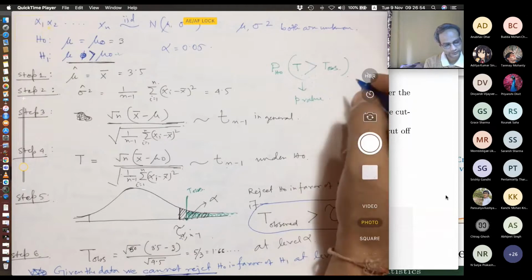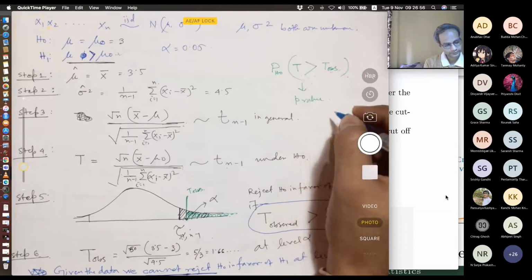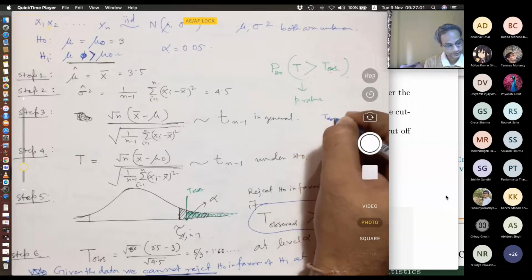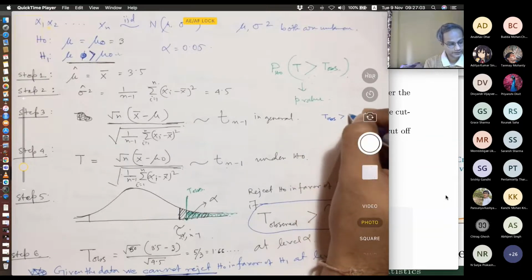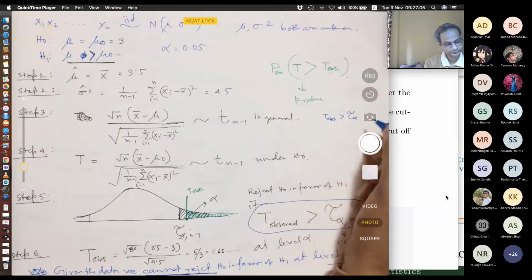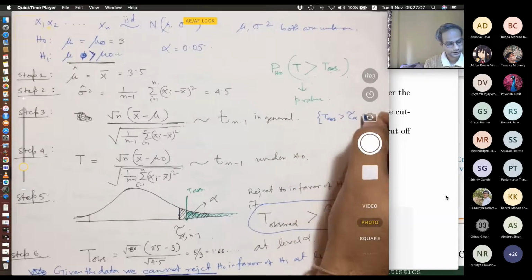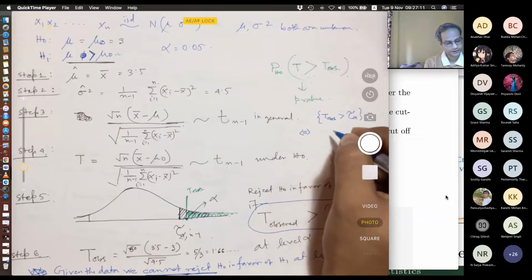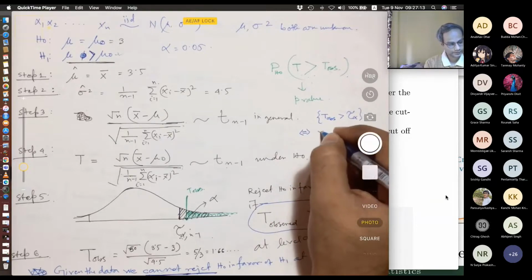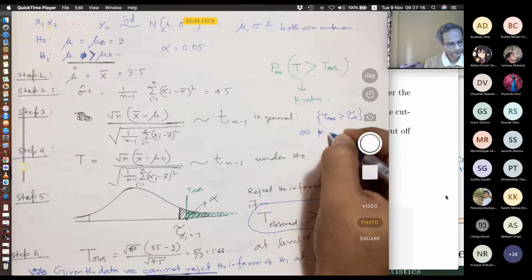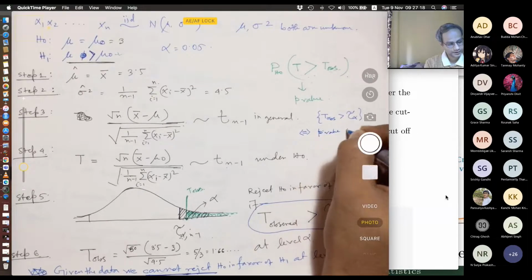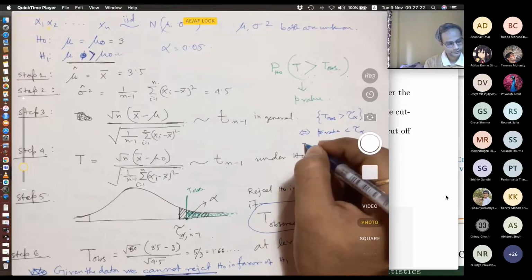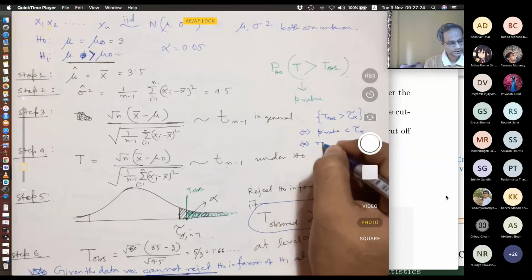So t observed greater than t alpha is equivalent to the p-value being less than alpha, and equivalent to rejecting H0.